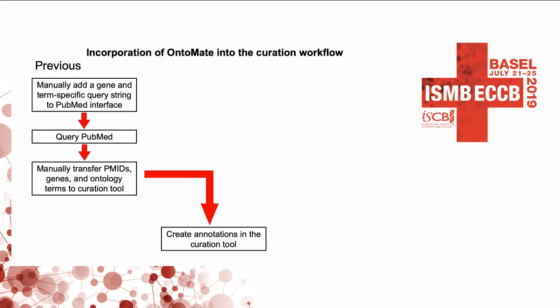So the original workflow for curation at RGD was that curators would manually add a gene and term-specific query string into the PubMed interface, query PubMed, and then manually transfer PubMed IDs, genes, ontology terms, and so forth to the curation tool and do their annotations from there.